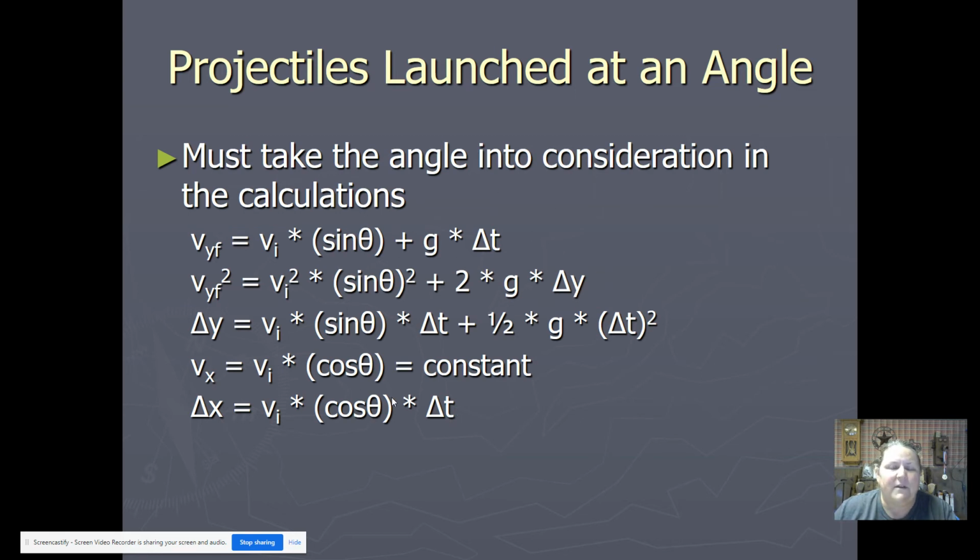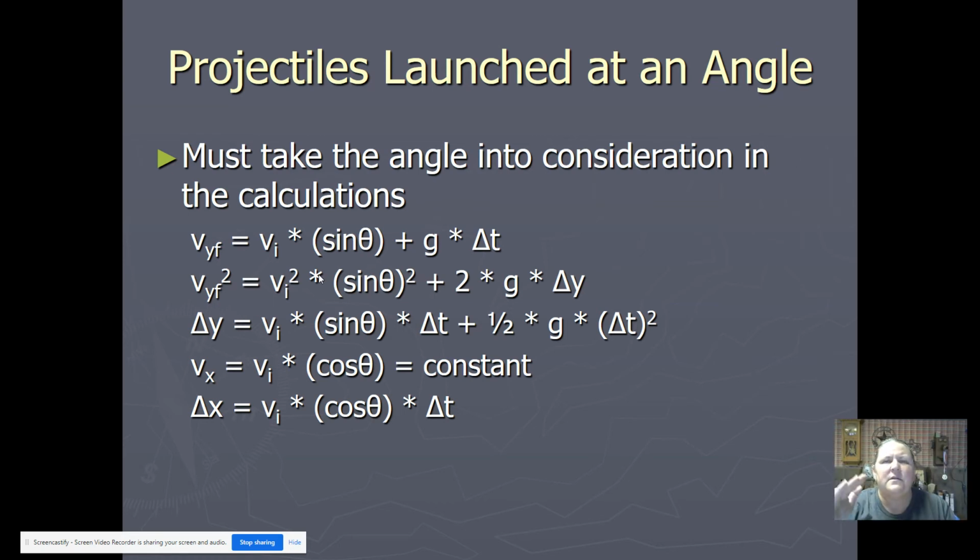These should look very familiar, except we're throwing in a kink in the fact that we have an angle now. Instead of going straight up or straight down or side to side, we're now launching things at an angle. This would be like you throwing the rock and making the parabola.